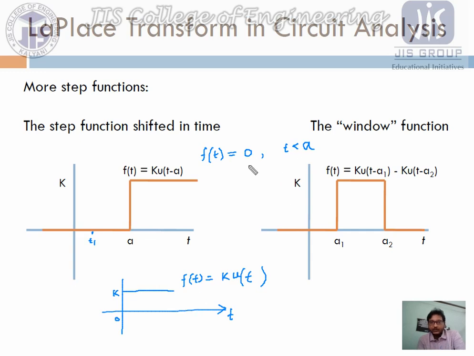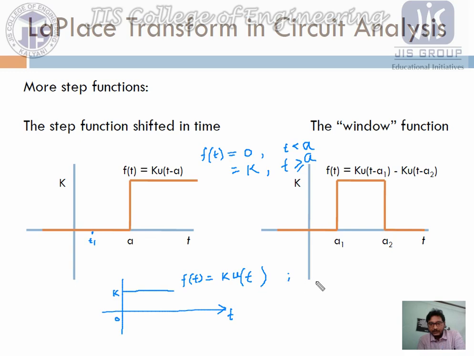Now here we can say this value changes to k when t is greater than or equal to a, then it shifted. So in the previous case, just try to imagine this.